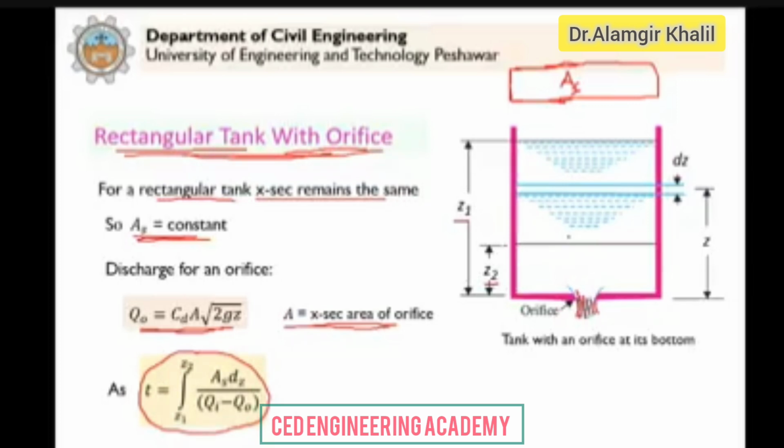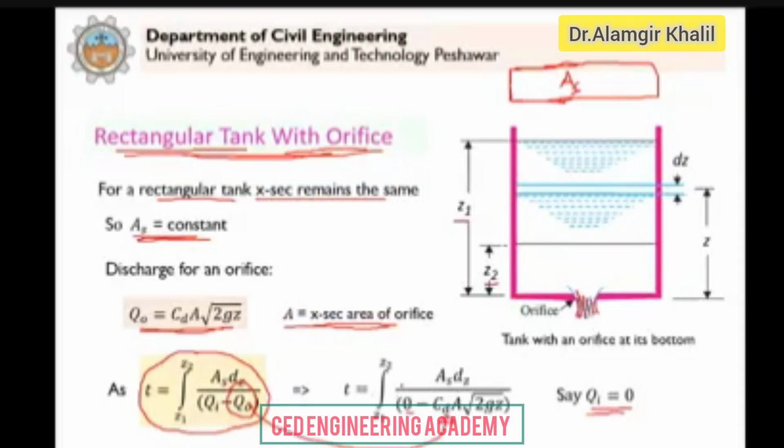For this specific case, we need to simplify this to get a specific formula that will be applicable for this case. So in this case, AS into dz divided by y is 0. Let us say that the inflow discharge is 0, as we already stated that inflow discharge will be either 0 or a constant value. Now instead of Q naught, we just write down the formula here.